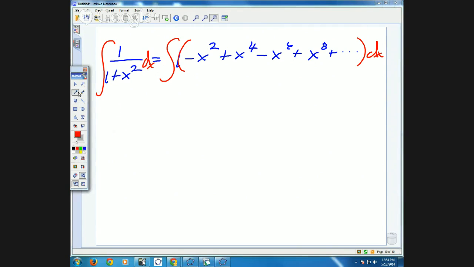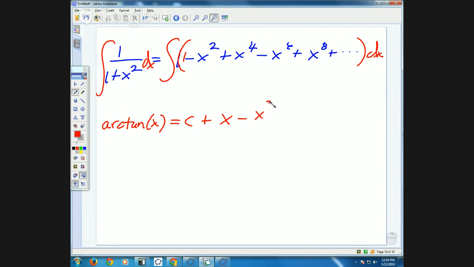Because the integral of 1 over 1 plus x squared is the arctangent. Now, when we integrate, we get a constant, right? If there are no boundaries, so this is going to be c, and then plus the integral of 1, minus the integral of x squared, x cubed over 3, or 1/3 x cubed, either way.